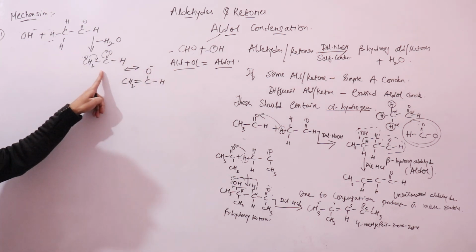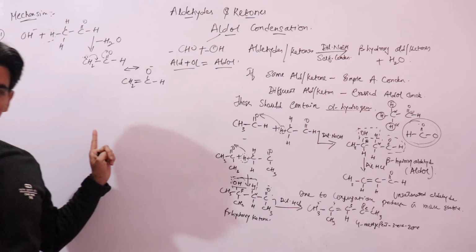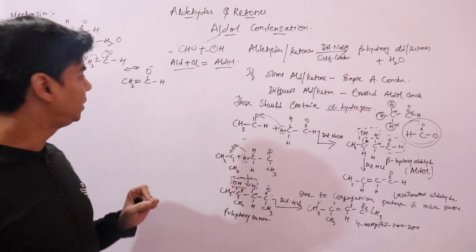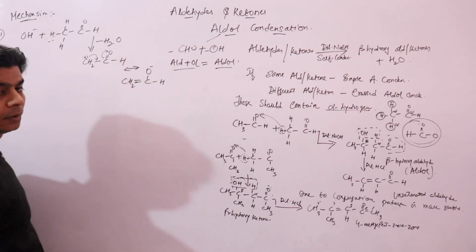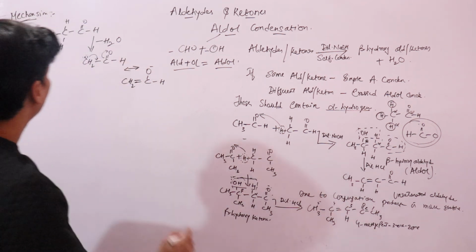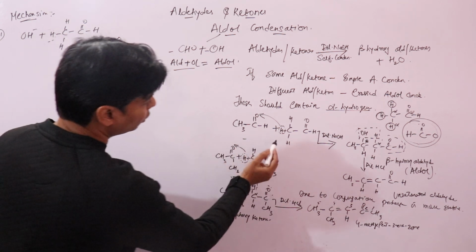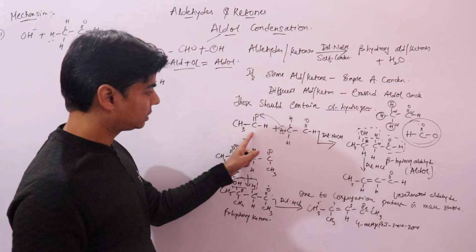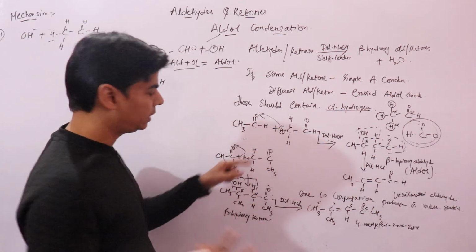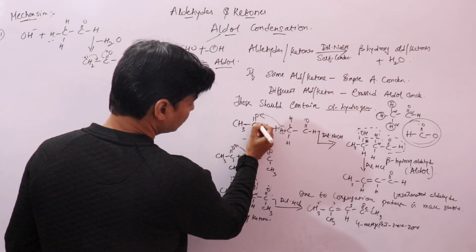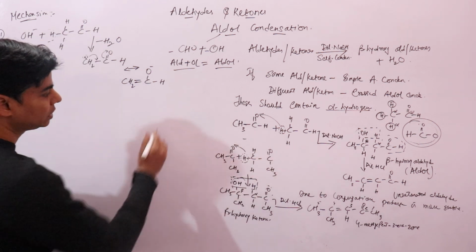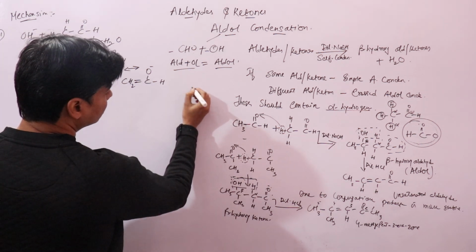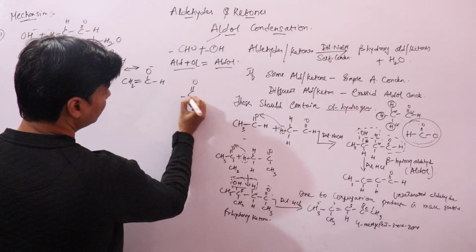Now this enolate ion will act as a nucleophile and attack the other molecule of aldehyde at its carbonyl carbon, because this reaction takes place between two aldehydes or ketones. If you remember the carbonyl chemistry, this is your carbonyl.